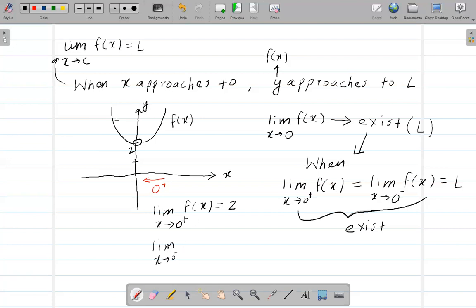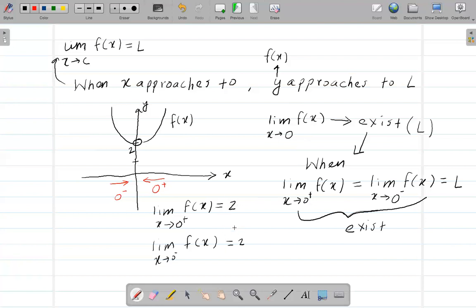Similarly, the same thing from the left: x goes to 0 from the left, and when x is approaching 0 from the left, y is again 2. So now both of these exist, right? Because we have a numbered limit, that means it exists.